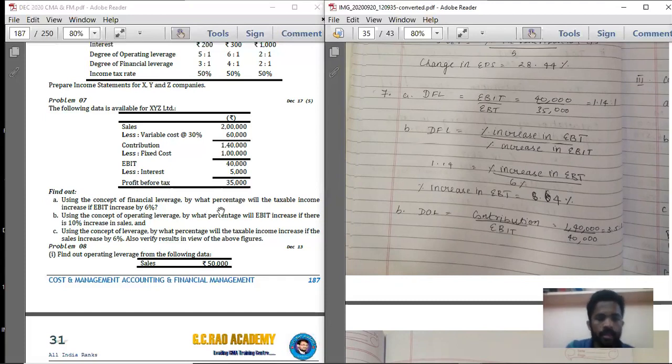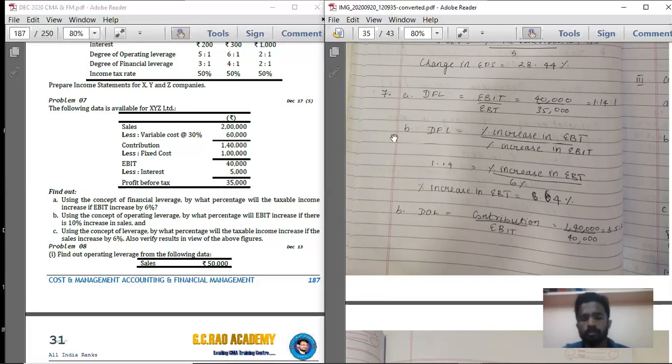What have they asked us? They have said the percentage of EBIT increase is 6%. So what will be the increase in taxable income? Using the DFL formula itself, we can find it: percentage of change in EBT divided by percentage of change in EBIT is the formula for DFL.